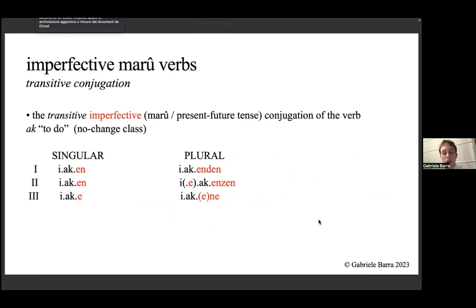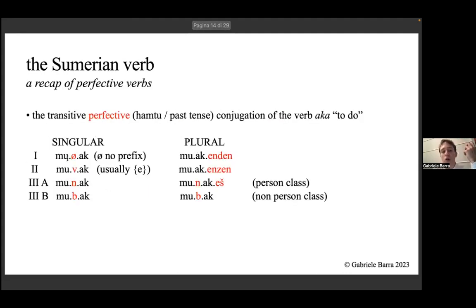So let's move on. This would be the very easy conjugation chart. So the transitive imperfective, so the present, future, again, ongoing action, either right now or in some hypothetical future. We see that it's got an N at the end. This time, you see, in the other conjugation, you usually put something before.